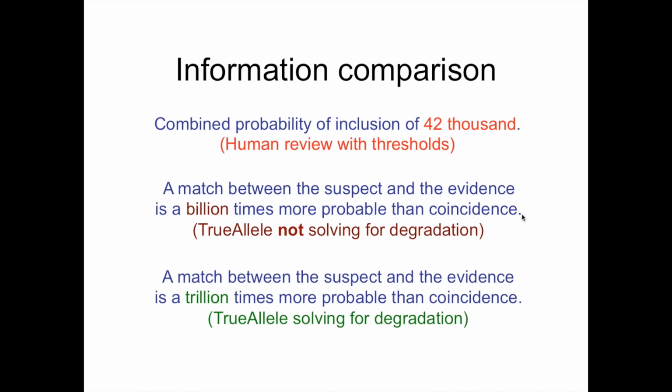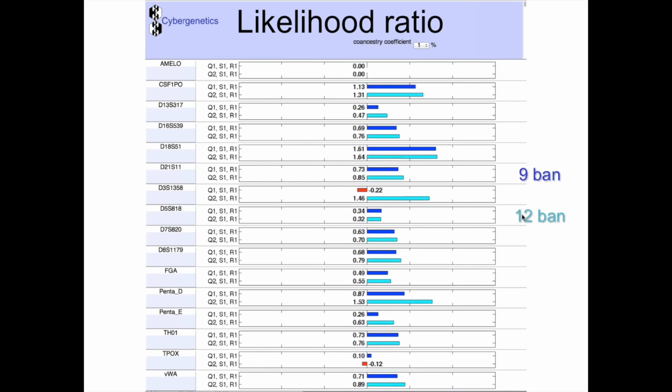So let's take a closer look at what TrueAllele did between its considering degradation and not considering degradation. What we see here is the likelihood ratio of the comparison of an inferred evidence genotype relative to the suspect for a population, and it's locus by locus, amyloid, CSF, D13, D16, all the way down through VWA, alphabetically.